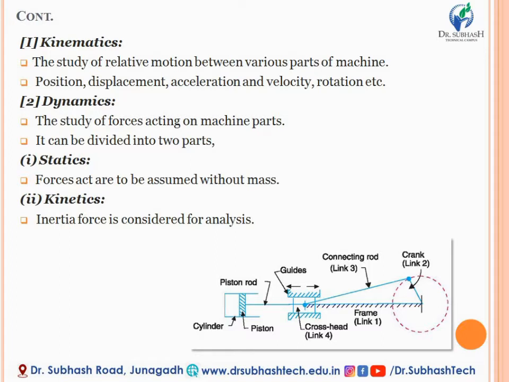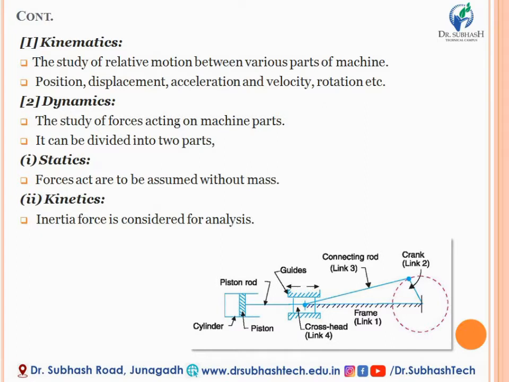Basically it is a slider crank mechanism, and through this mechanism we are operating a cylinder and piston assembly. In this engine, the piston is made to reciprocate in the cylinder due to applied external steam pressure on the piston. The reciprocating motion of the piston is required to be converted into rotary motion of the shaft by using a connecting rod or crank.